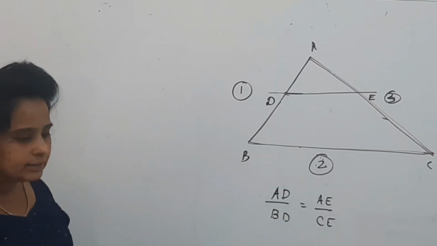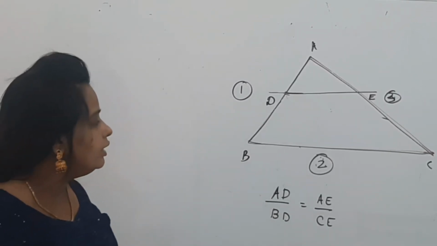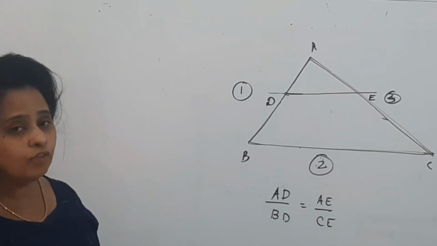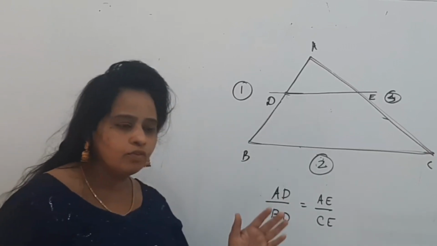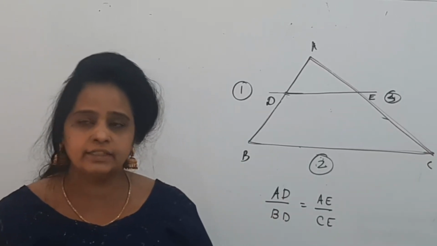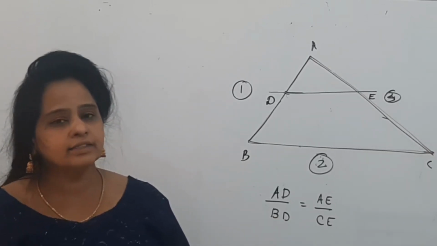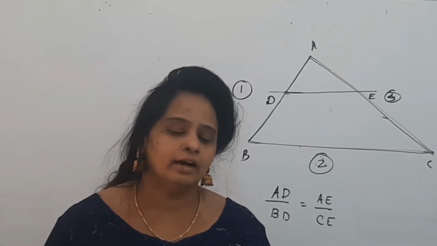In our previous classes, especially in the circles chapter itself, I told you how to give the proof for the geometry chapter. So you must give the proof according to the steps. I described there are 5 steps. You can go and see in the circles chapter how I explained the proof.